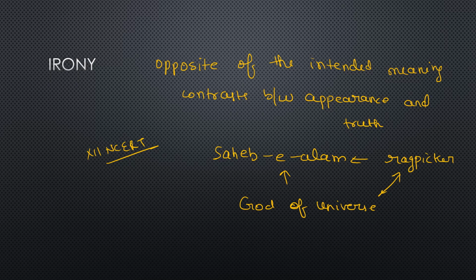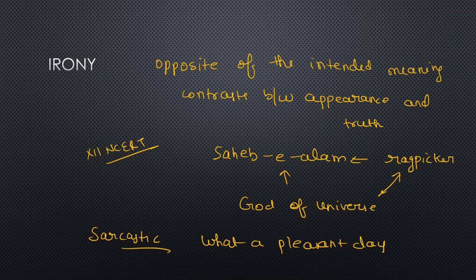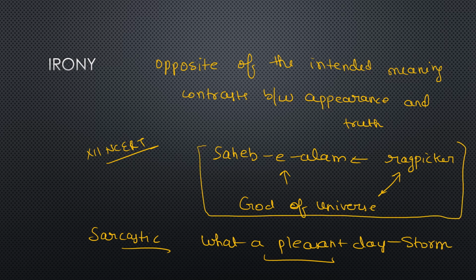Or we can say if we use sarcastic thing, what an irony. We are saying what a pleasant day, sarcastically. But actually it is a stormy day. Also make sure that the name God of the universe and rag picker is just opposite, and he's feeling it.